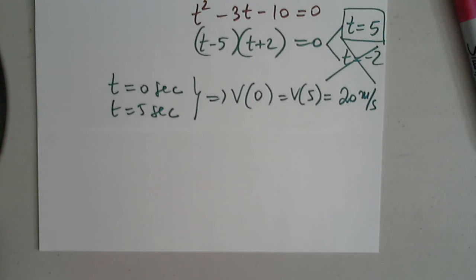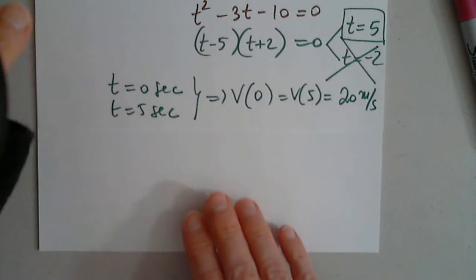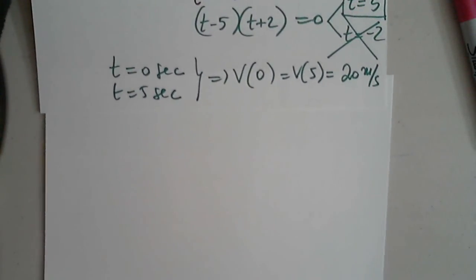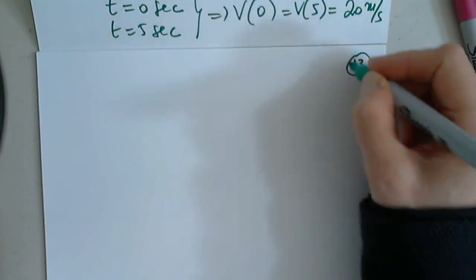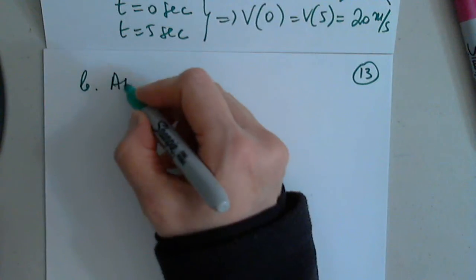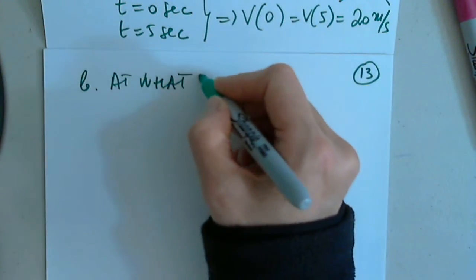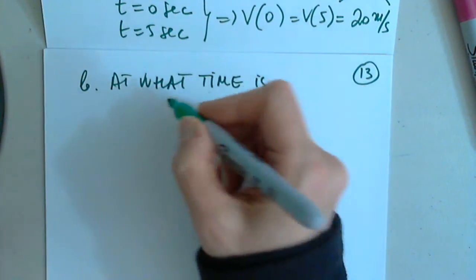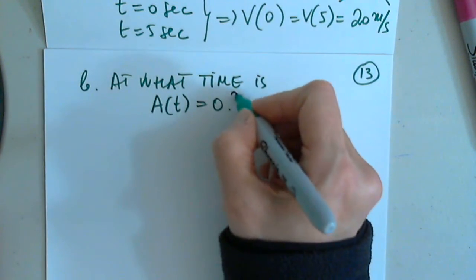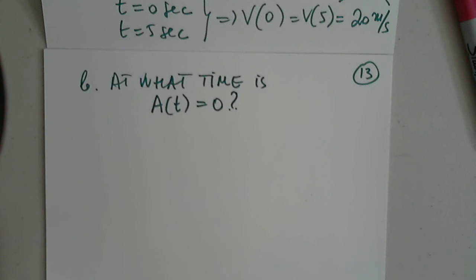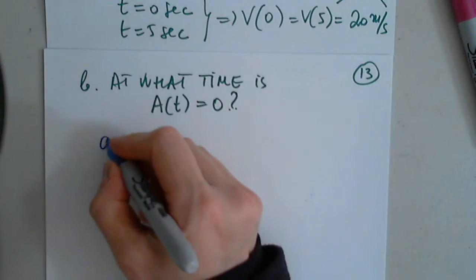Part B, at what time is the acceleration 0? At what time is the acceleration 0? That's part B. How do I determine the acceleration? You need to take the derivative of the previous derivative. Right.